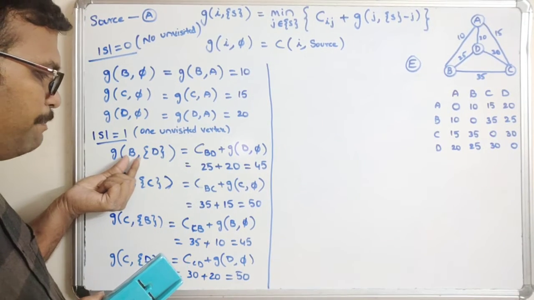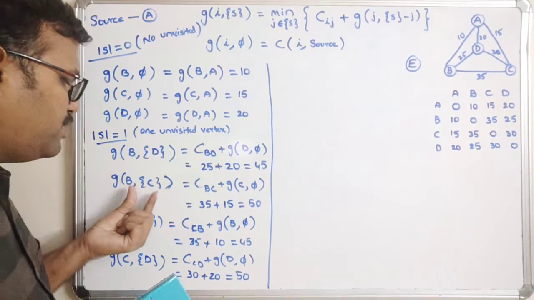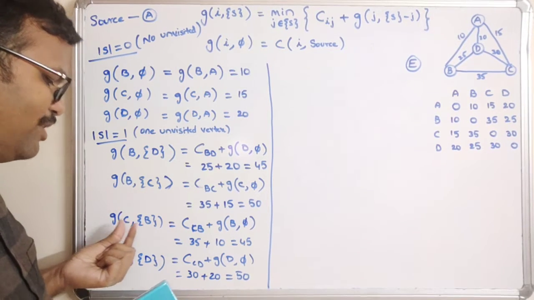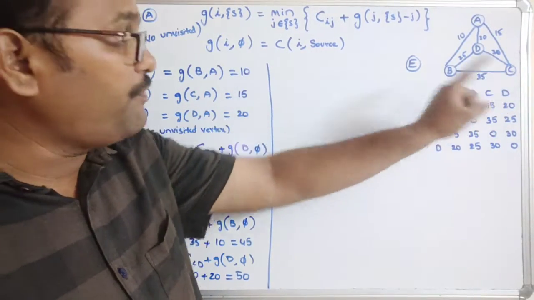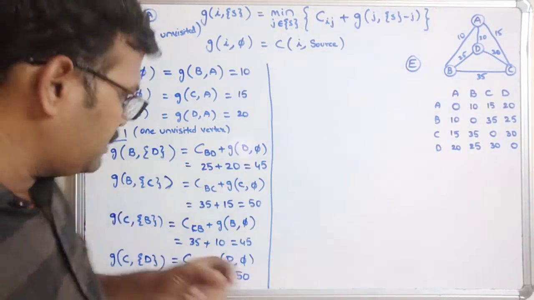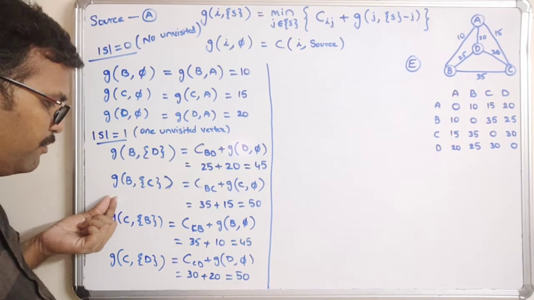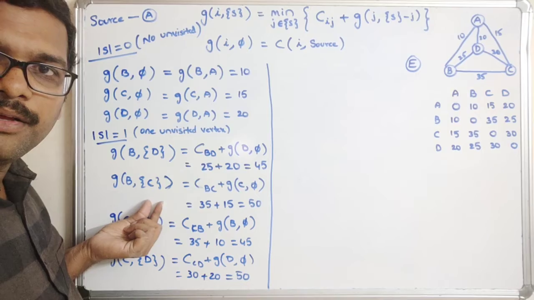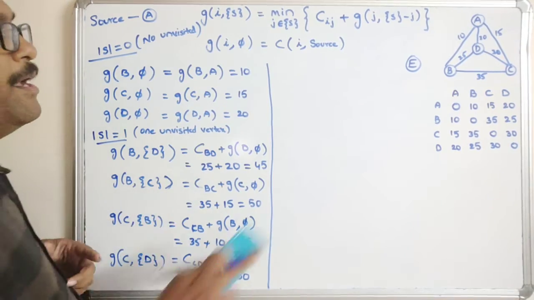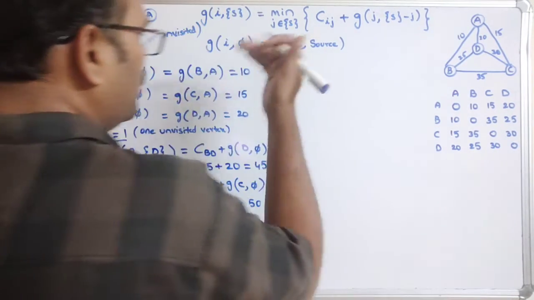If you consider B, B to D and B to C. If you consider C, C to B and C to D, because we have only 4 vertices. If our graph has a 5th vertex, then we'll get one more thing, G of B comma E. That's also one possibility. The same thing, right?